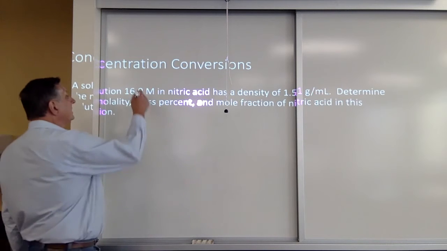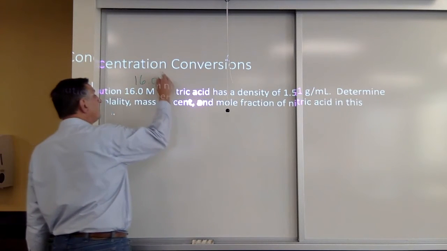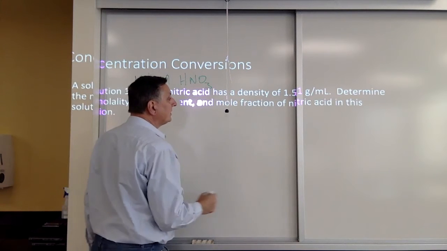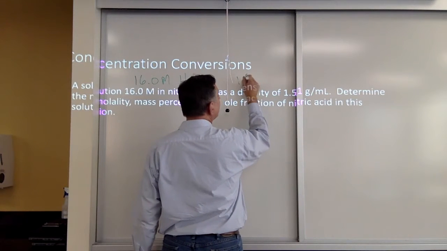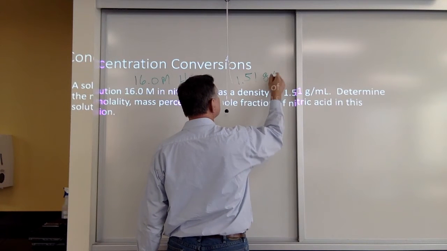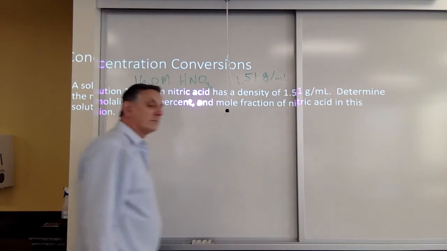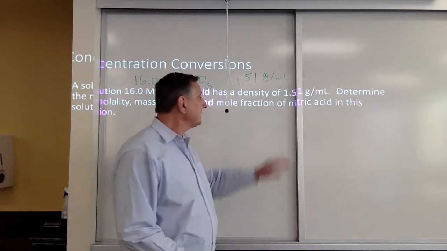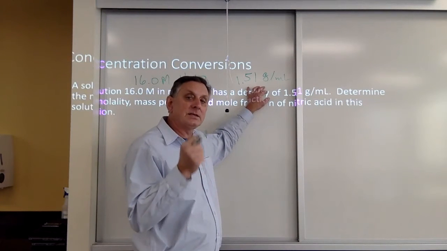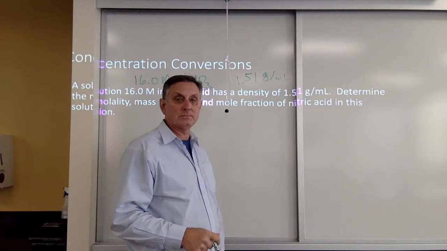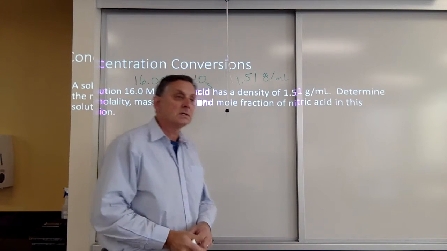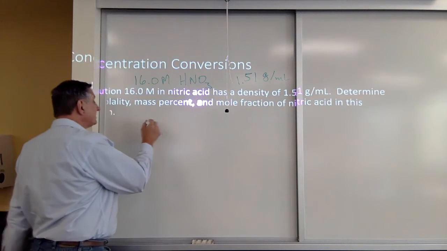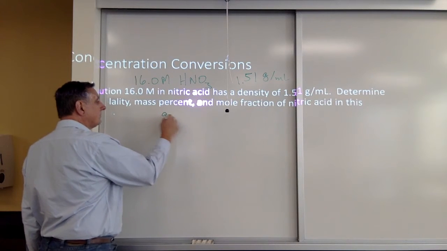So what do we know? 16.0 molar HNO3, and we know that the density is 1.51 grams per milliliter. Whenever you're given a density, the density always refers to the solution. So here's how I recommend I set these problems up. If you want to follow this, great. If not, that's up to you.